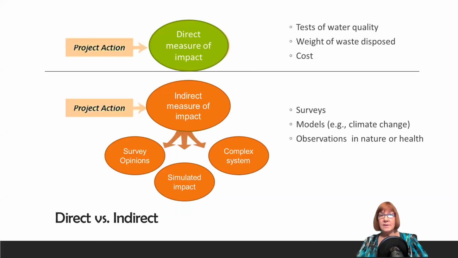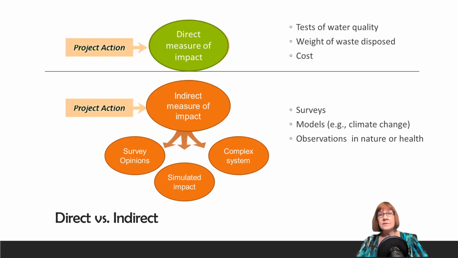Direct versus indirect. Direct is when you're measuring what it is that has changed: the actual water savings, or the tests of water quality, or the weight of the waste that is thrown away, or the actual cost. All of those are direct measures of the impact.